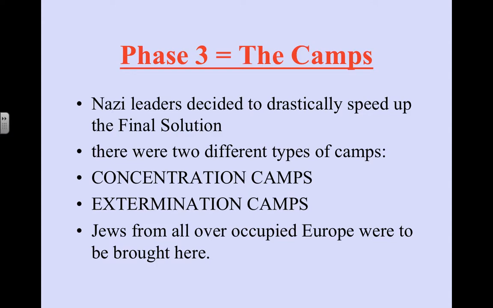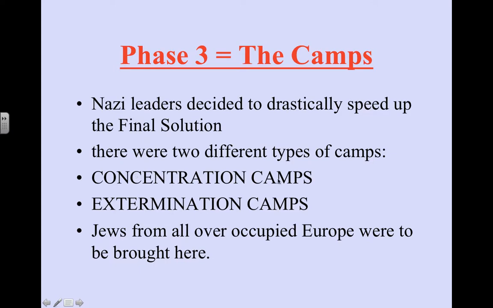Jews from all over occupied Europe were to be brought here. So when I talk about the final solution, this means the final plan was to get rid of all of the Jews.